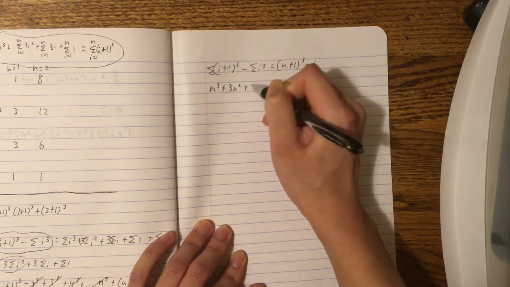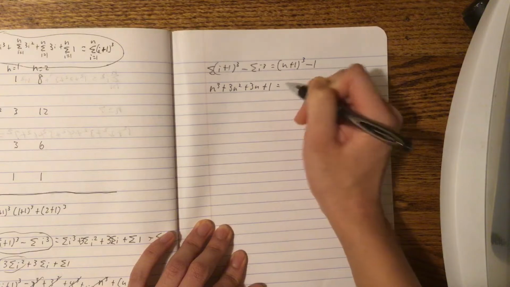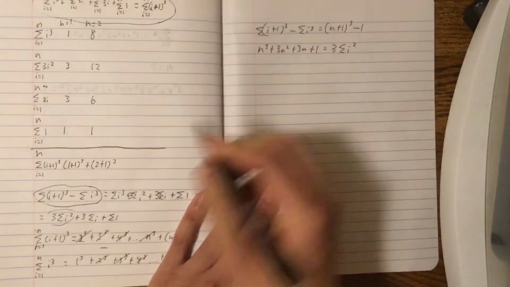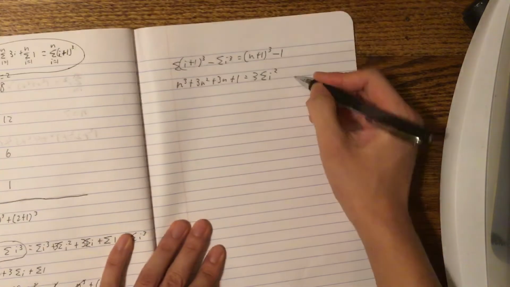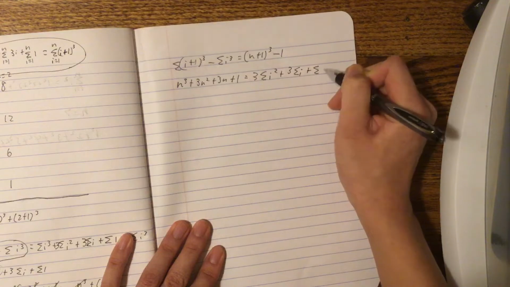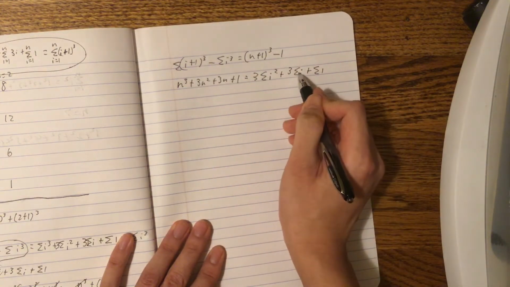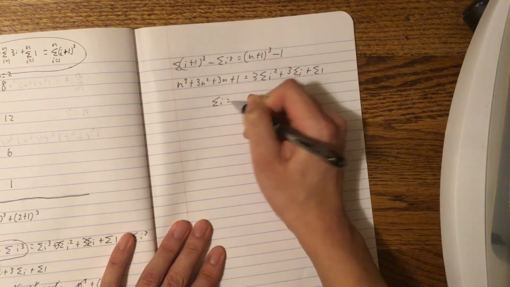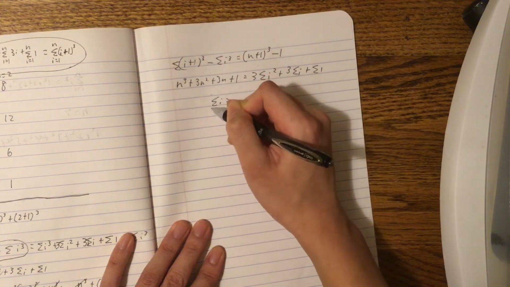3n squared plus 3n plus 1 equals, remember, I'm copying this right here, the sum of 1. From the previous video, we know what this sum means.